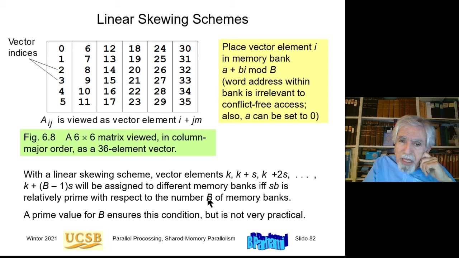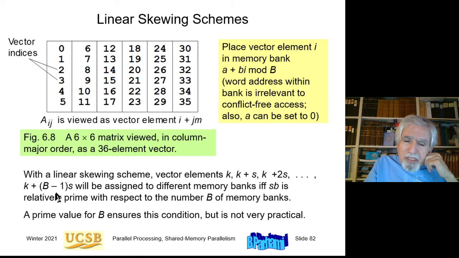So of course, if we make b a prime number, then this is guaranteed, but there are also other values of b that can be relatively prime to this one. Okay, so there's a theory with this. I just wanted to give you an introduction to this theory of linear skewing schemes.